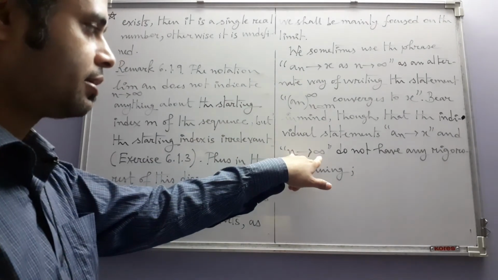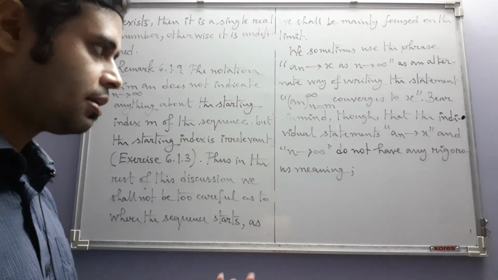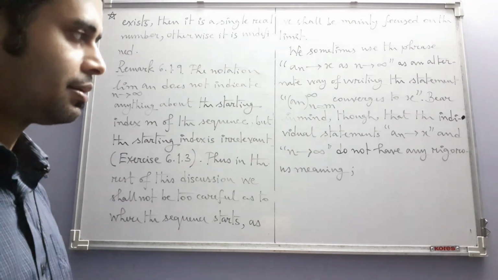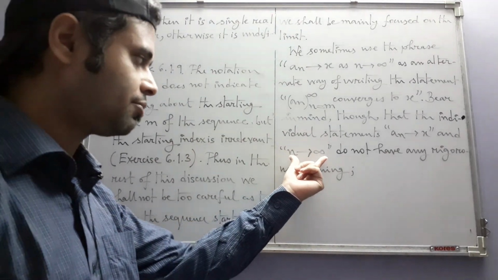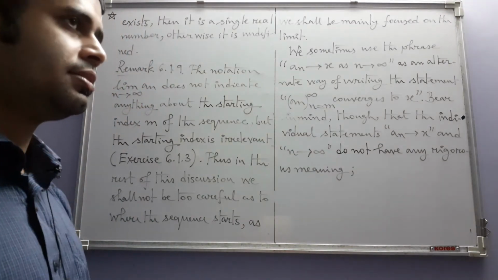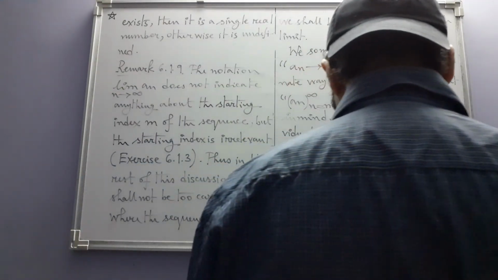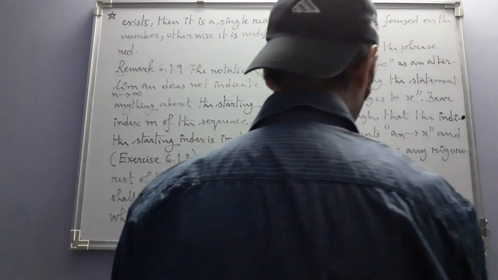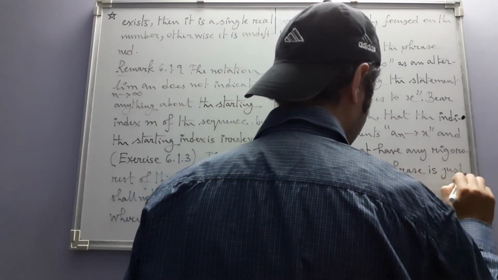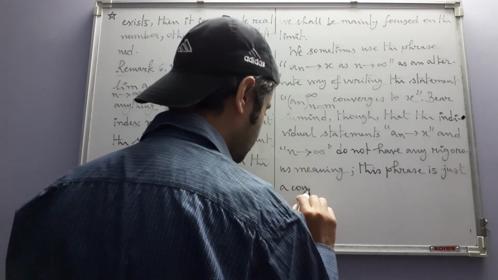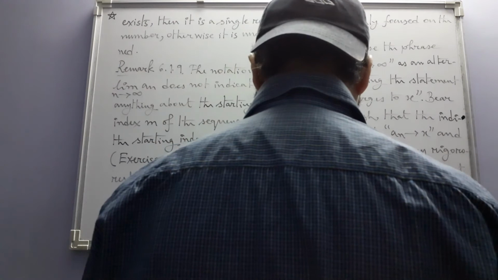Some people try to understand this as the statement n is approaching infinity. This statement itself, however, is not a mathematically rigorous statement, and there is in fact no need to make it rigorous, because we don't have any occasion where we have to consider just the fact that n is increasing without any bounds. This phrase is just a convention, a very convenient and suggestive convention.